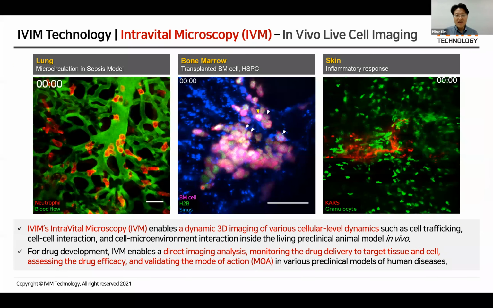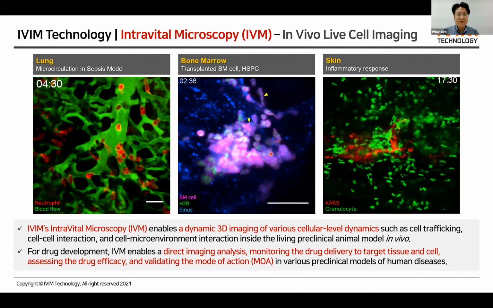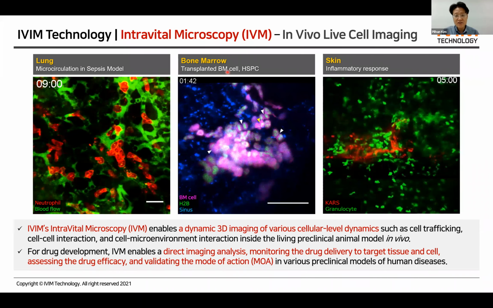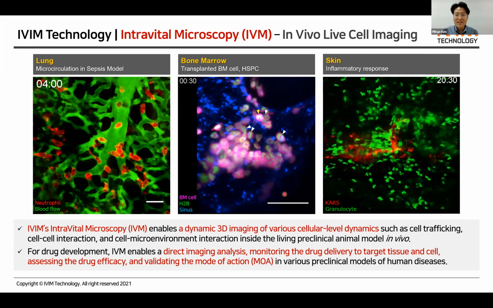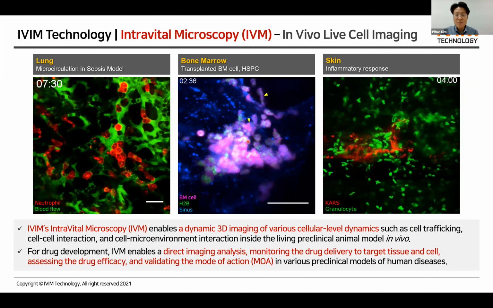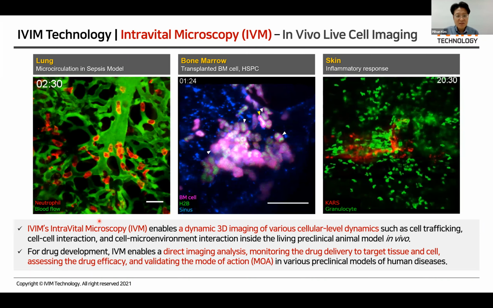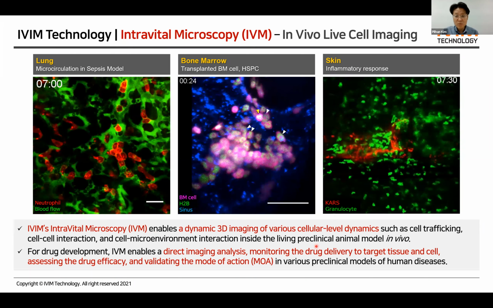These are three videos showing cellular level dynamics in different organs and tissues like lung, bone marrow, and the skin. You can see various cellular dynamics such as cell trafficking, basically cell movement, cell-cell interactions, and cell microenvironment interactions inside the living preclinical animal model in vivo.